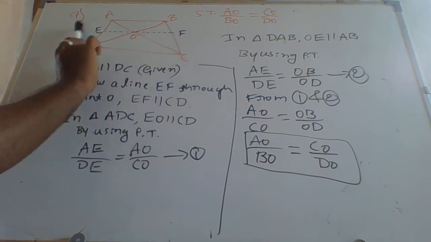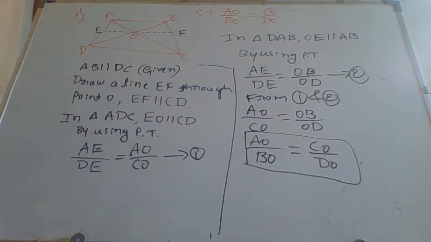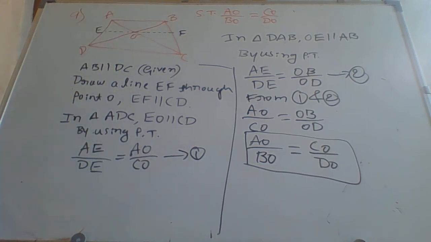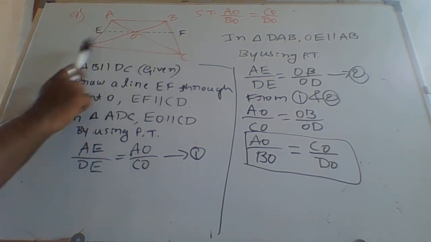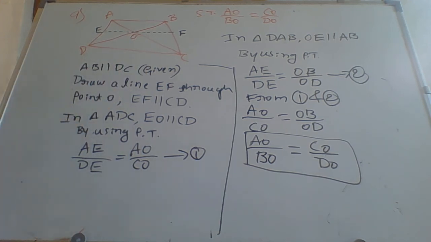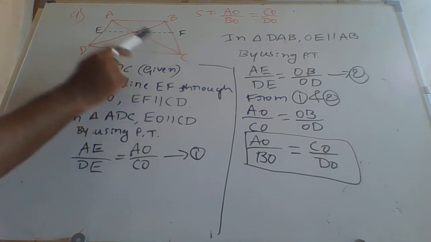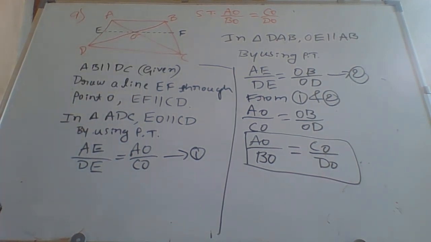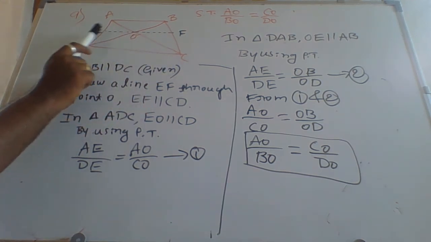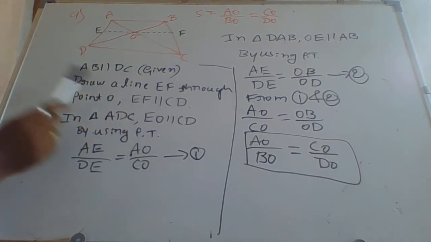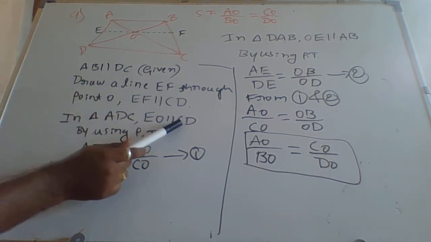Then EF is also parallel to AB, because CD is parallel to AB, as given in the question. Therefore in triangle ADC, OE is parallel to CD, because OE is part of line EF which is parallel to CD.